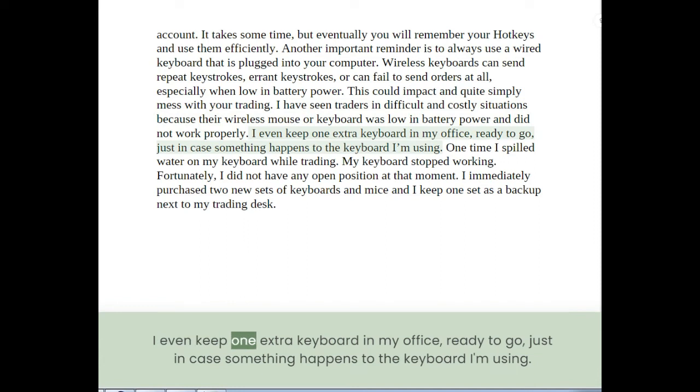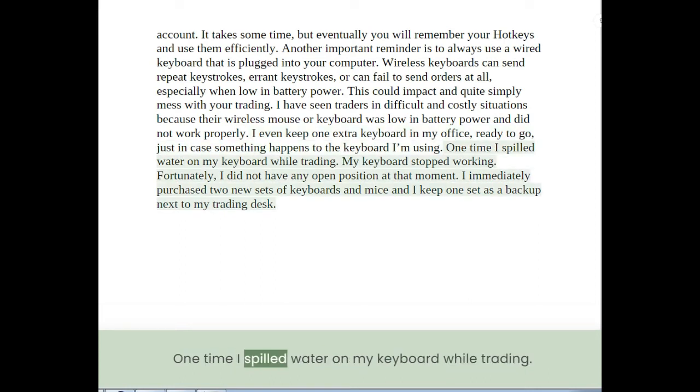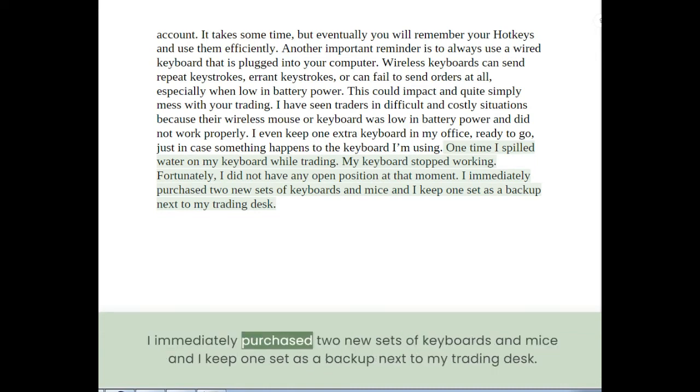I even keep one extra keyboard in my office, ready to go, just in case something happens to the keyboard I'm using. One time I spilled water on my keyboard while trading. My keyboard stopped working. Fortunately, I did not have any open position at that moment. I immediately purchased 2 new sets of keyboards and mice, and I keep one set as a backup next to my trading desk.